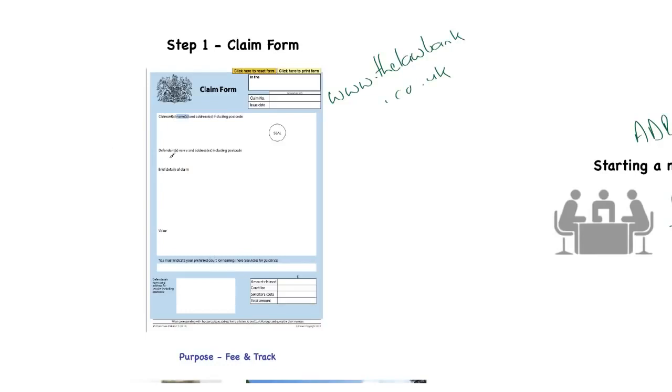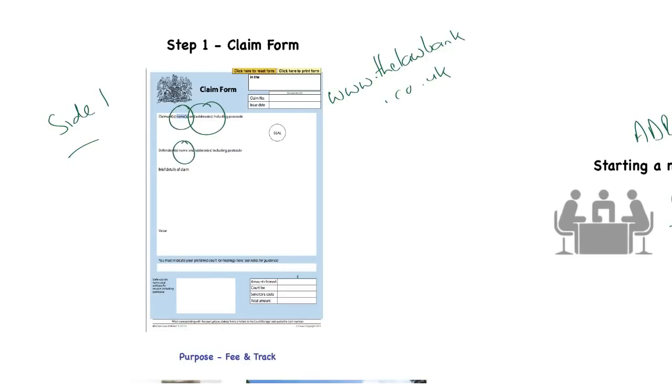And the first step, it's a two-sided form, I have to say. I've only got side 1 here, but it's a two-sided form. And the first step is to fill out side 1, obviously. And I say that because you don't have to fill out side 2 before you can send it off. But essentially it requires your name and your address for both the claimant and the defendant.